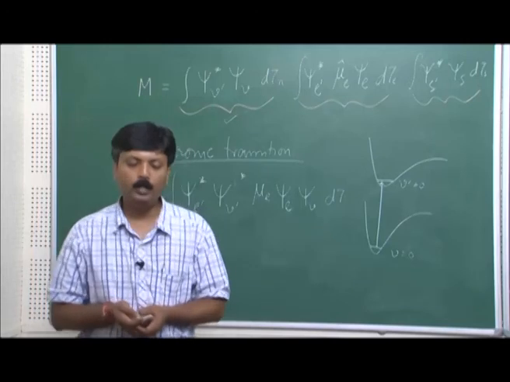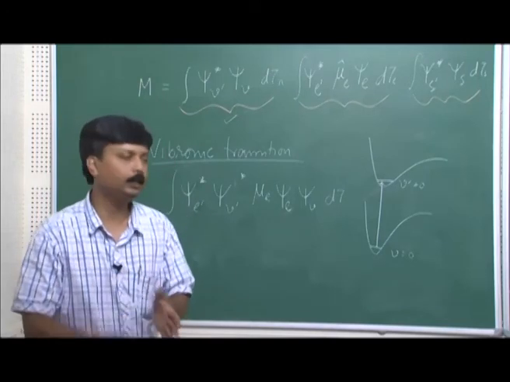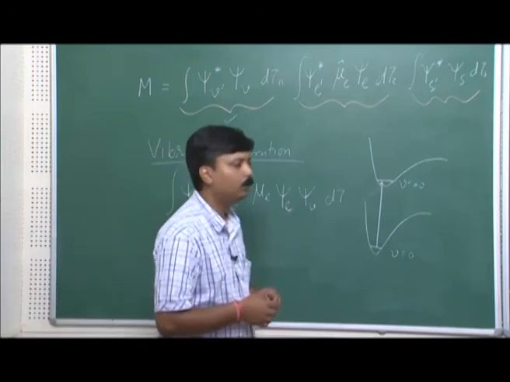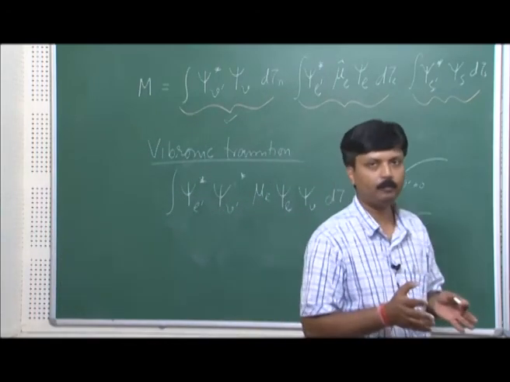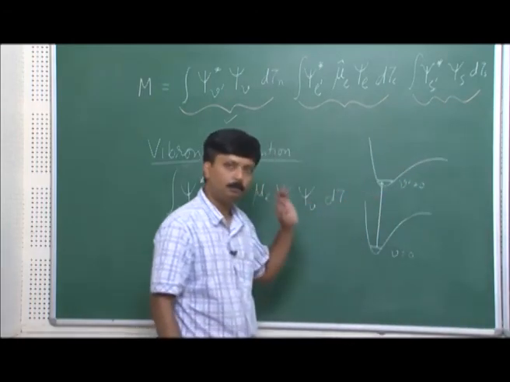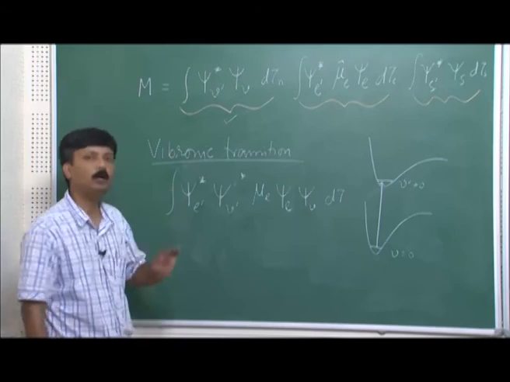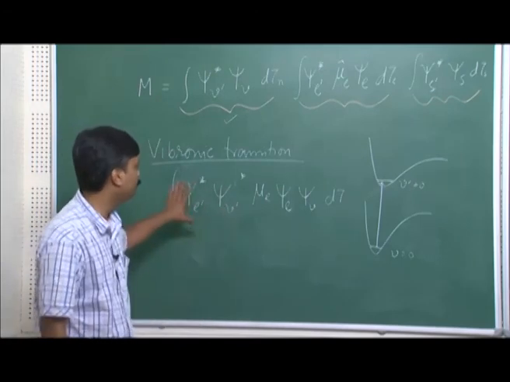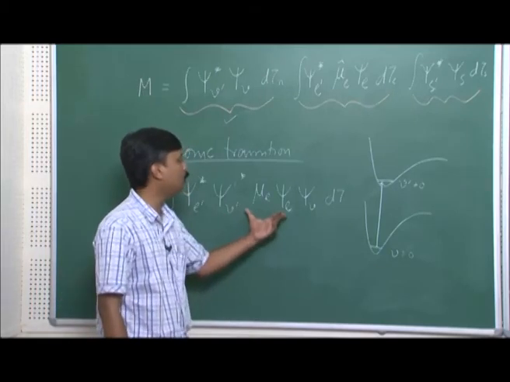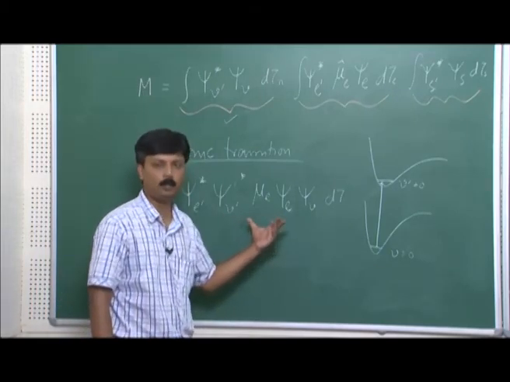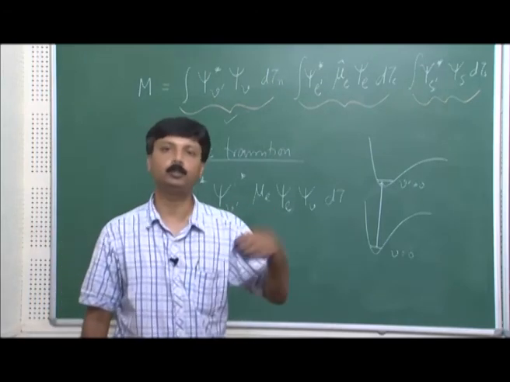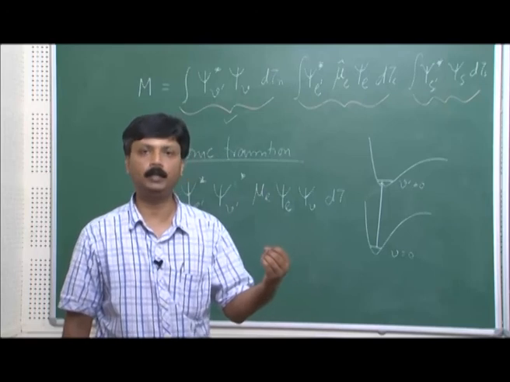So if I find an Ungerade state here, at that point your overall centrosymmetry of the problem is broken. Now the pure electronic transition, which was not allowed, because of this vibronic coupling can be partially allowed.